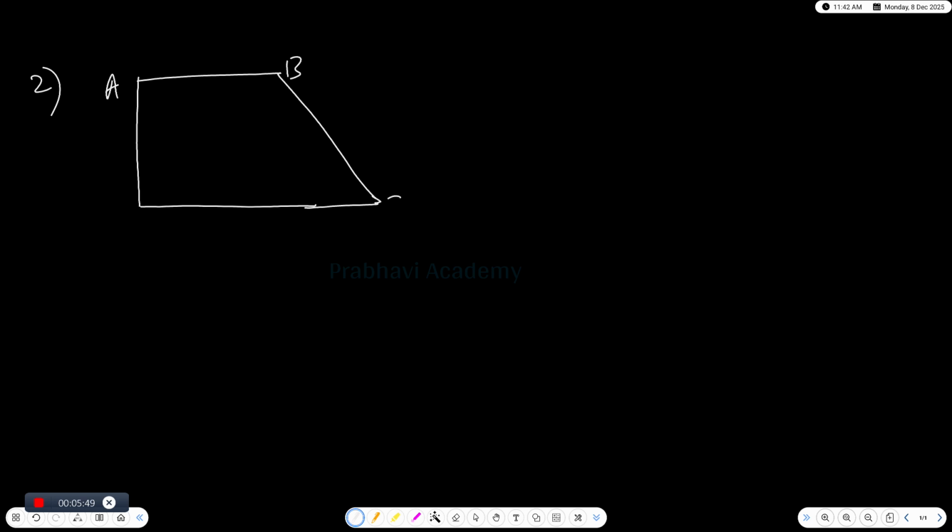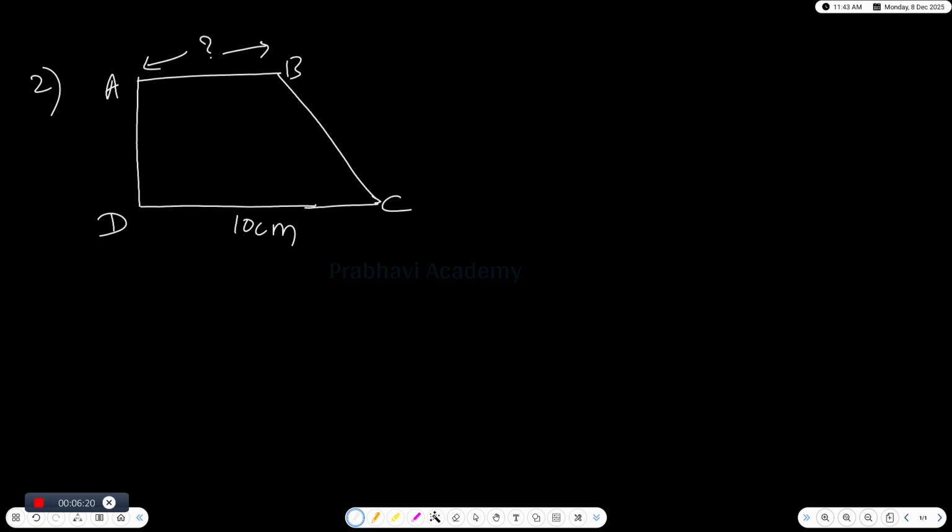So let us see the second one. Here I will start with A, B, C and D. One of the parallel sides is 10 centimeter and the perpendicular distance is 4 centimeter, and the other parallel side is asked.